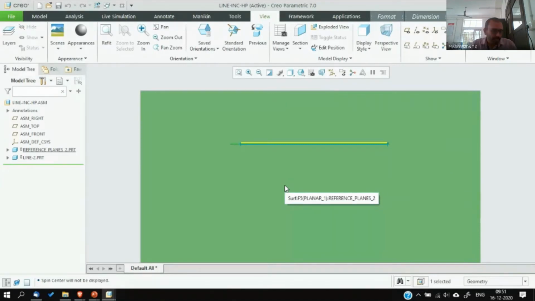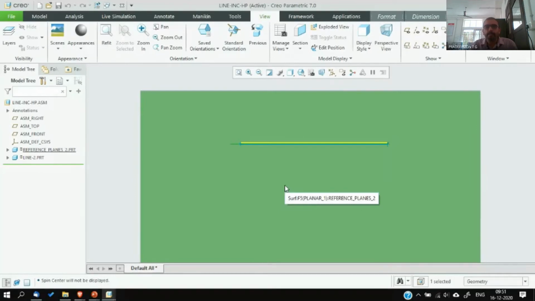When the line is inclined at an angle to HP, the front view will give you the inclination, and this inclination we call the true inclination. That is, the actual inclination of the line with the HP or with the VP is known as the true inclination.